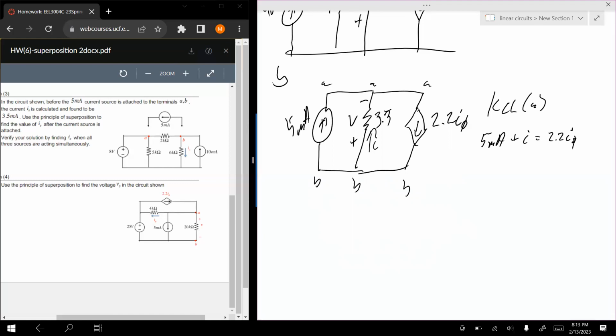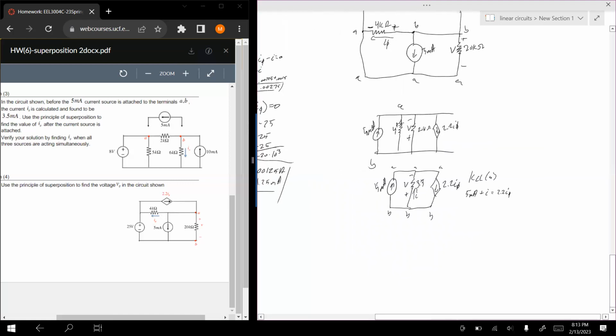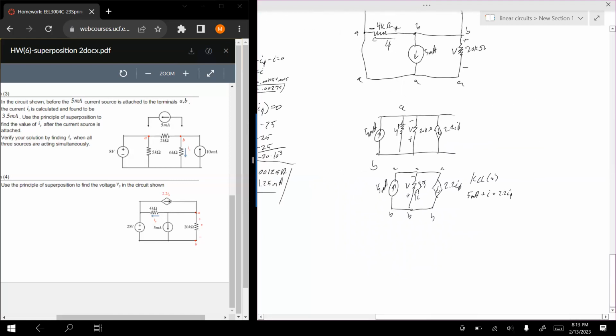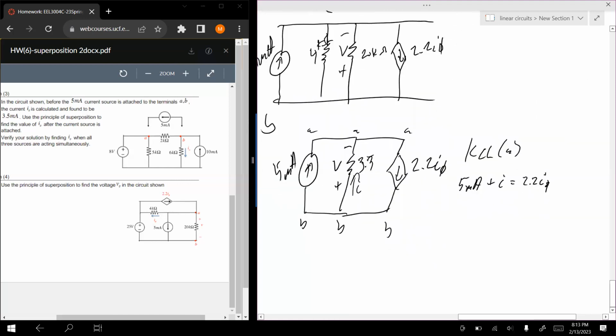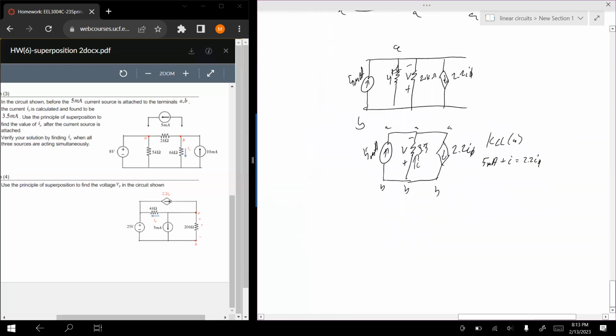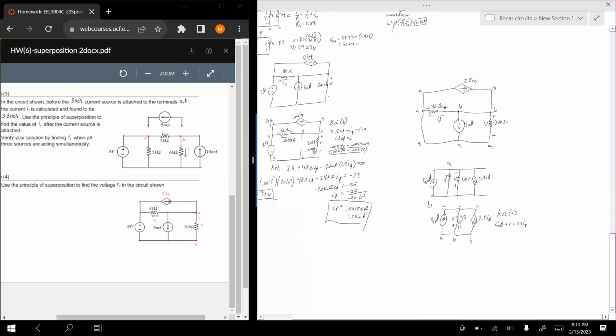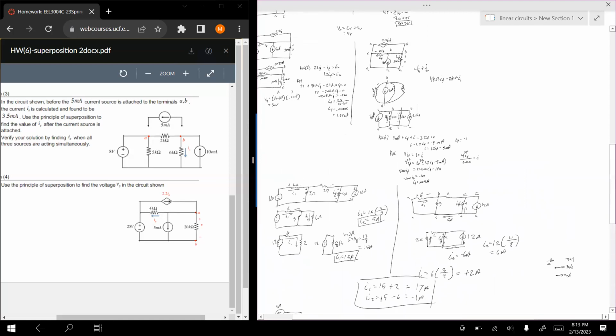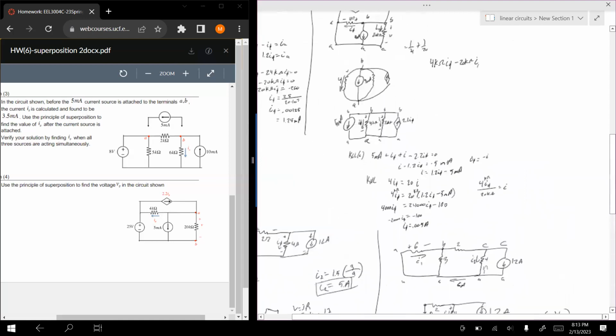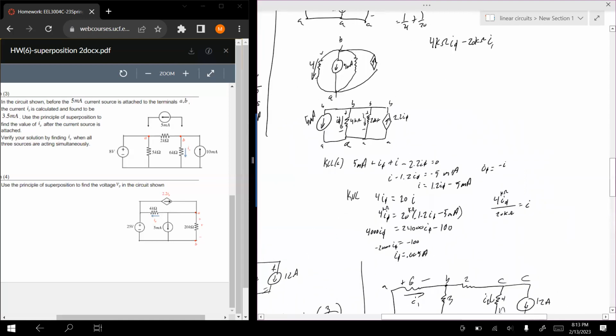This gets a little messy, actually. So this one, I'm actually going to look at how I had set this up earlier, because we're starting to run out of time and I don't want to be rushing and getting things wrong. So this is how I ended up doing it earlier. Oh, I actually KVL'd here.